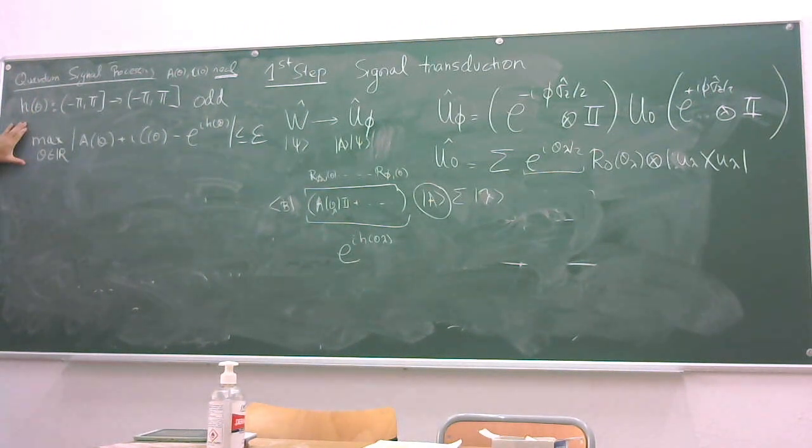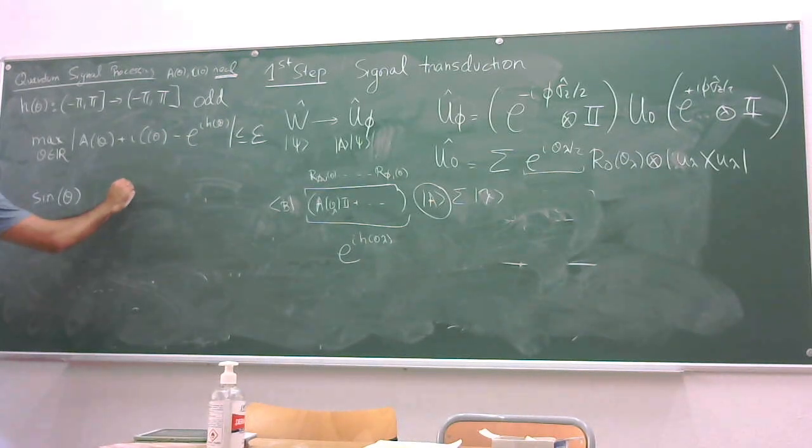So now we have all the ingredients to put all of this together. Because the function that we want to implement is the sine of theta. And it's odd, it's defined in that range, and we have a good approximation for this. The last thing that we need to know is what should be the initial state for the ancilla.